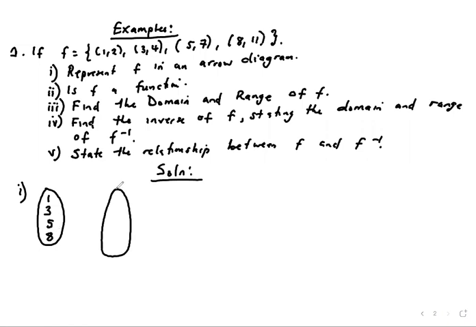You get the elements of the right 2, 4, 7, 11. And get the arrows. So move from 1 to 2, from 3 to 4, from 5 to 7, and from 8 to 11. Call this guy F. So just put F in between there. That is an arrow diagram. You're done for an arrow diagram.